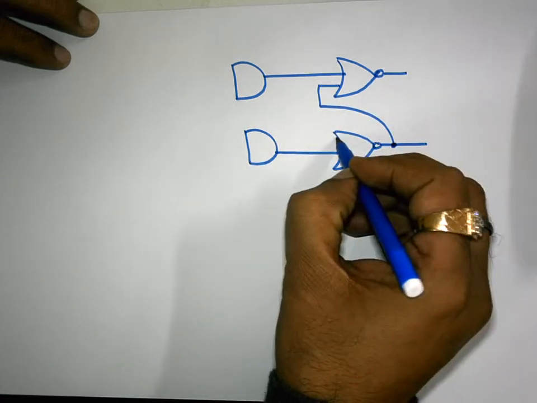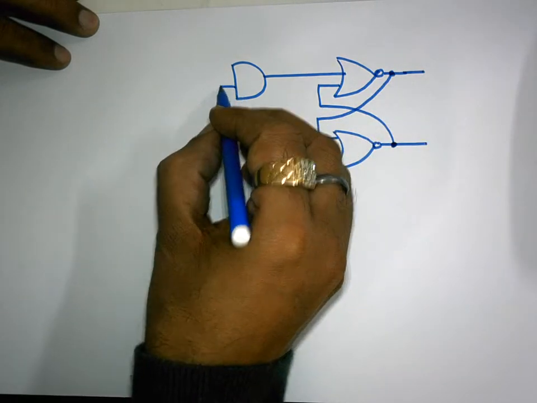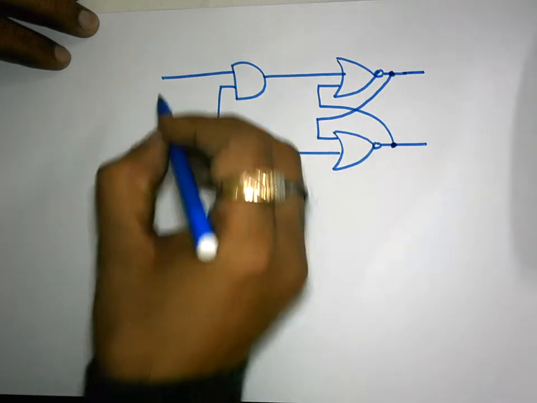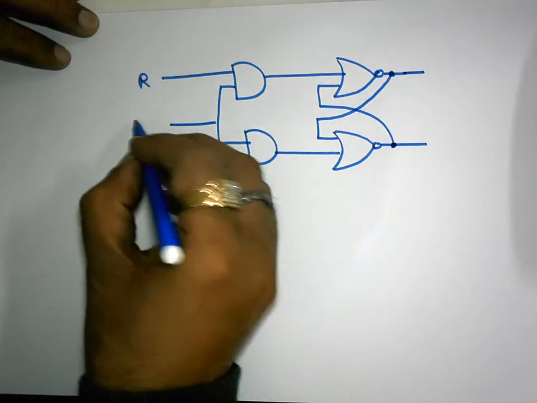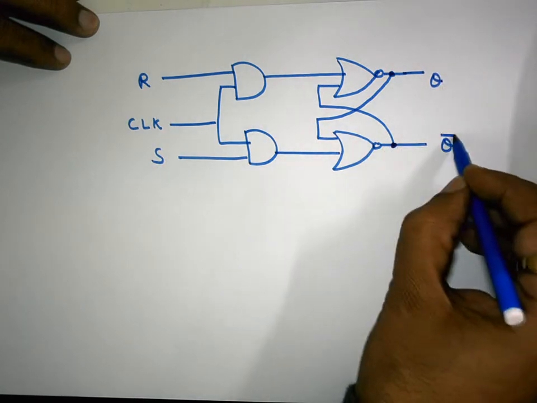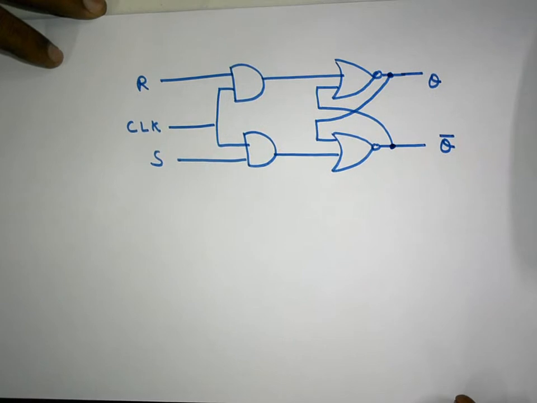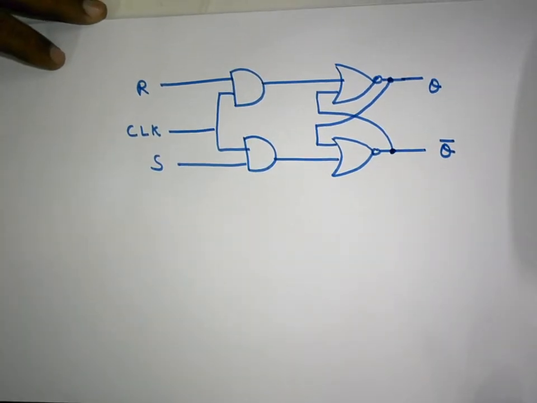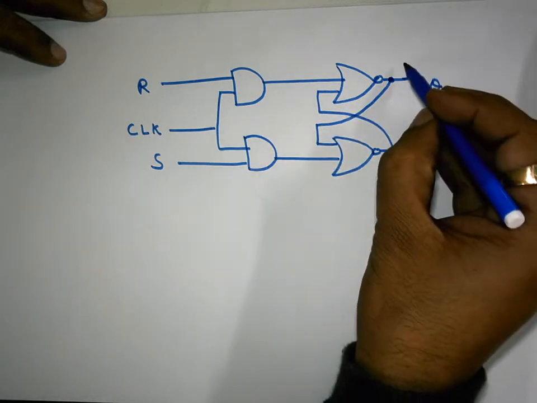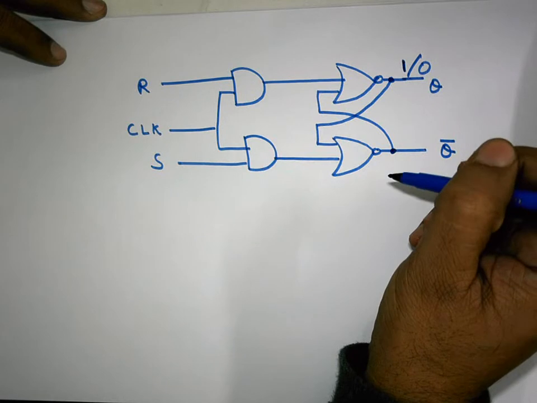This is now the D flip-flop, with clock, Q and Q bar. If our purpose is clearly defined to store data, either we will set it or I will reset it.